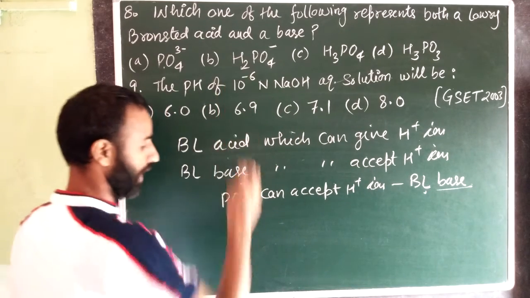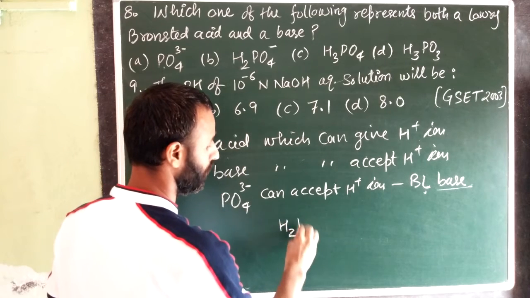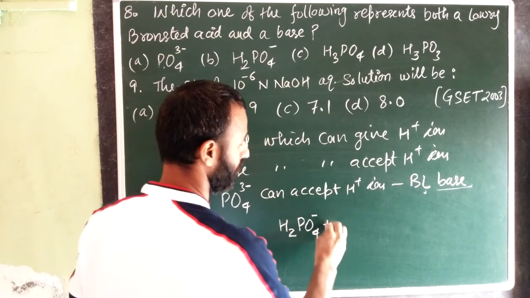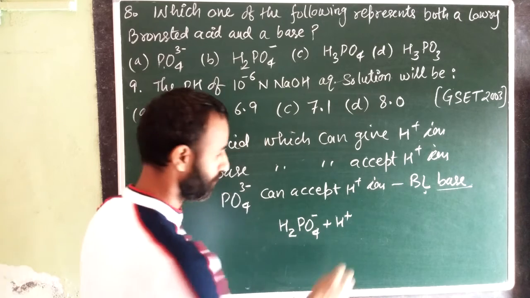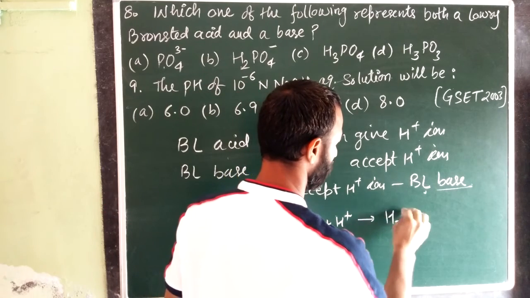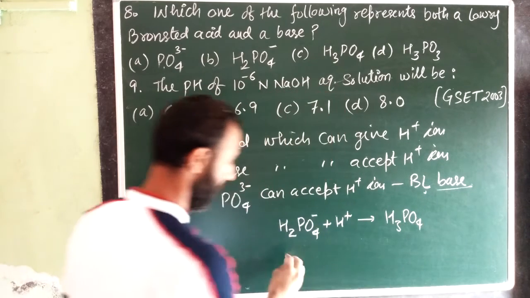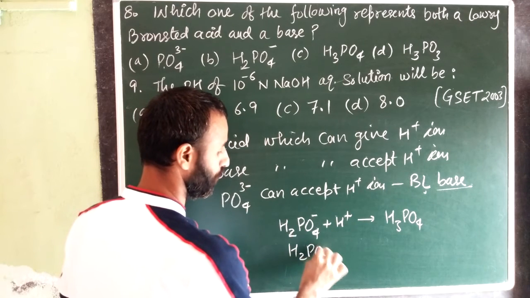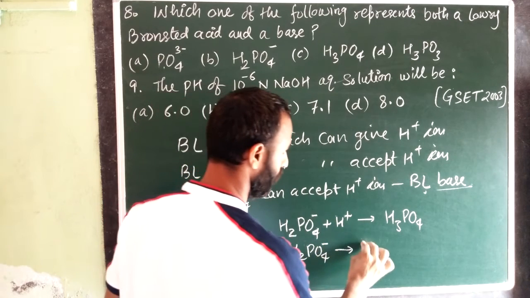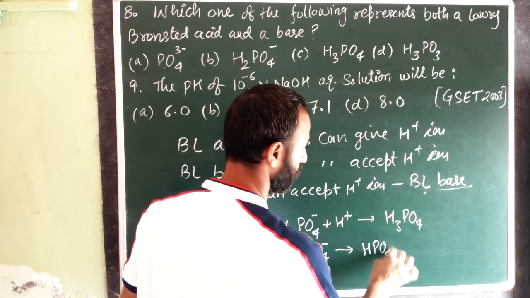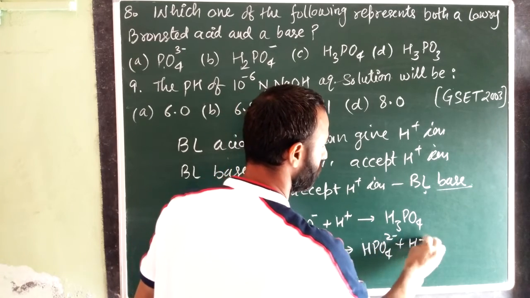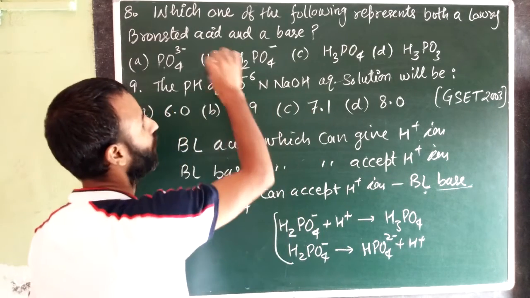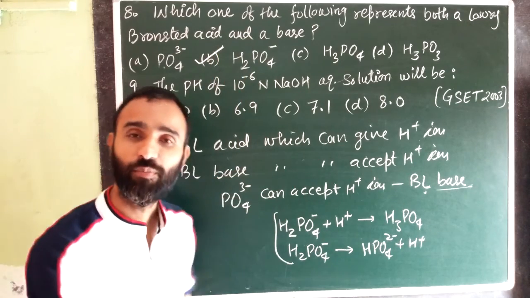Okay, but H2PO4 1 negative can accept H plus to give H3PO4, and at the same time H2PO4 negative can give H plus ion because it has H plus ion, so it can act as a Bronsted-Lowry acid as well as base.